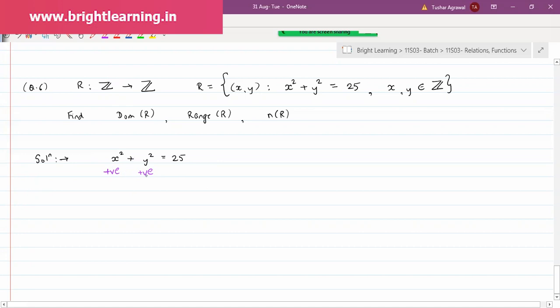So both x square and y square are positive. So x square should be less than or equal to 25, because y square equal to 0 is also possible. y square is also less than or equal to 25, and x square and y square are perfect squares. Do you realize this? Since x and y are integers, x square and y square are perfect squares.